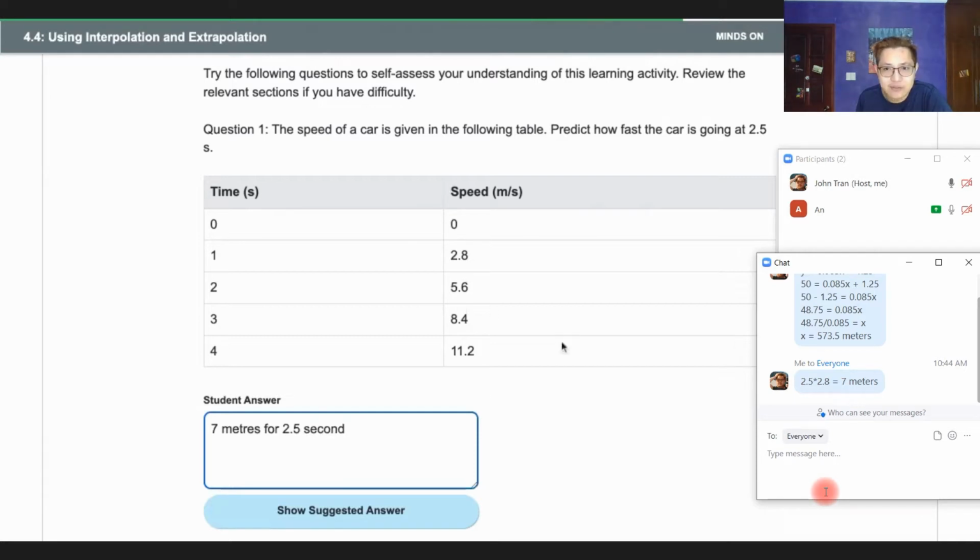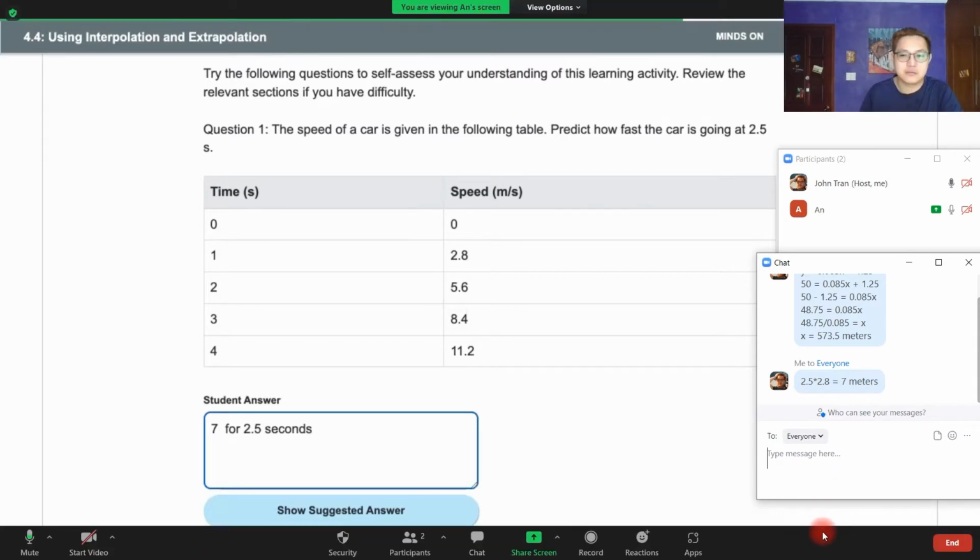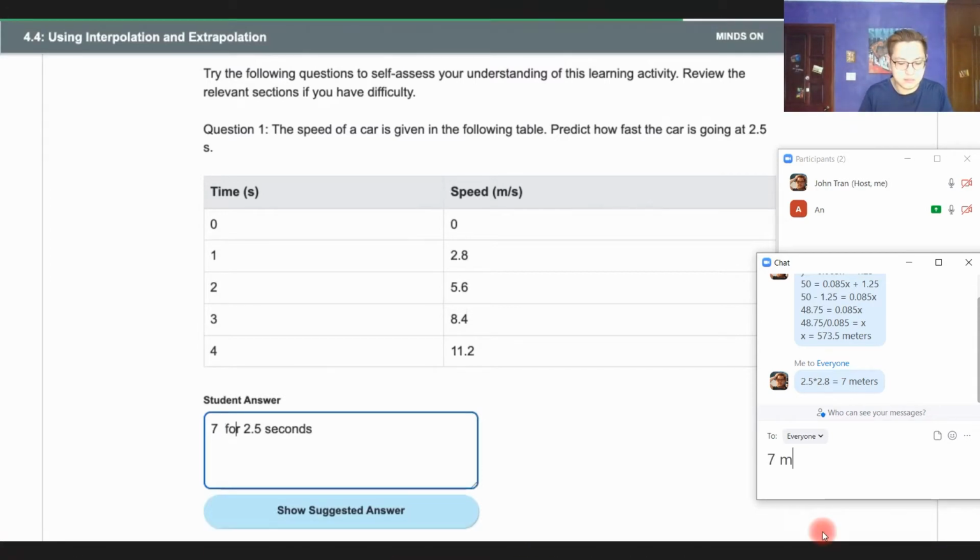Wait, the question asks how fast the car is going, not the distance the car has gone. So they ask for the velocity, how fast. It should be 7 meters per second, actually.